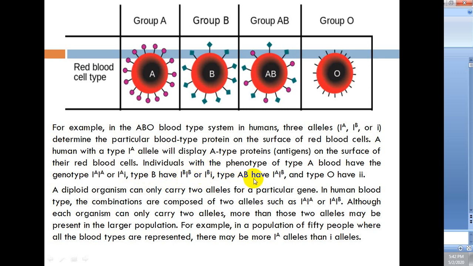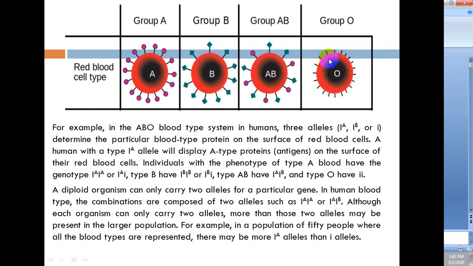In the case of type AB, both the antigens A as well as B are present, and in the case of the O group, none of the antigens are present on the RBC.